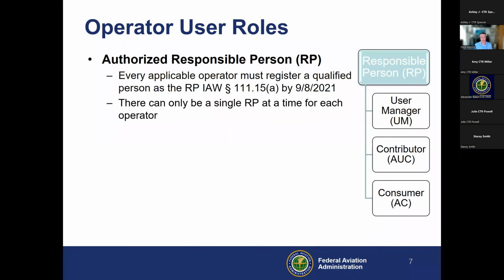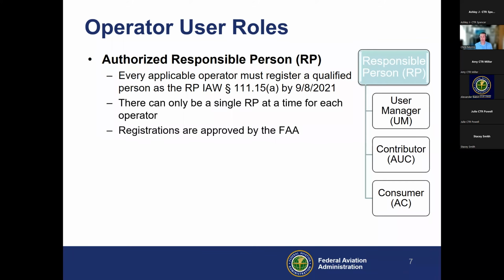Jerry can register as RP and get approved, but then Fred is going to lose his RP role because you're only allowed to have one at a time. And the PRD folks, we're not going to call and say, hey, did you mean to kick Fred off? We're just going to execute the change. So that's an important point: you can only have one at a time.